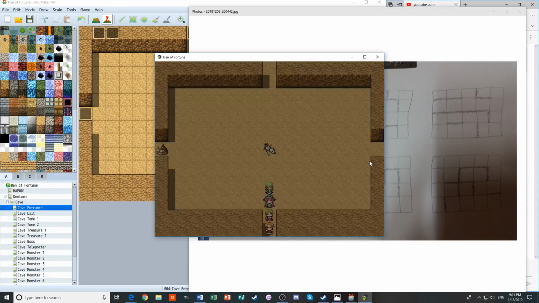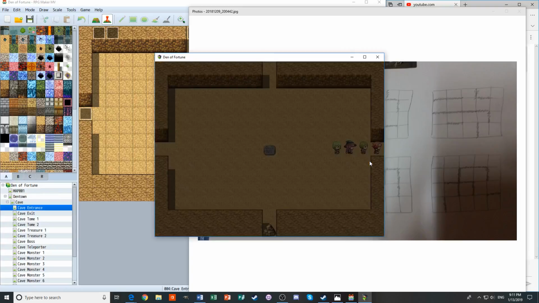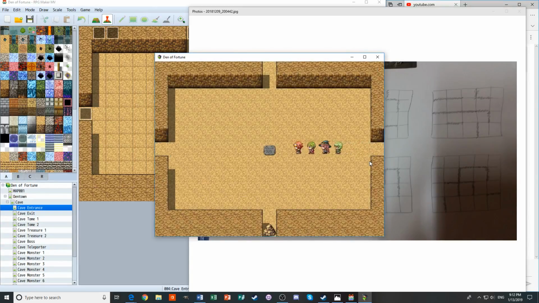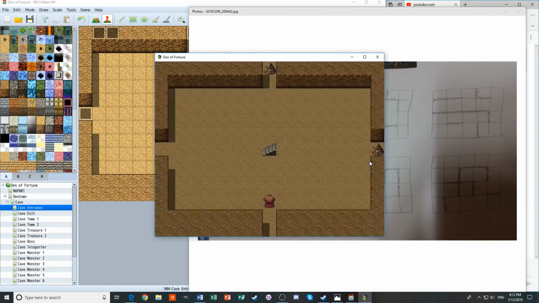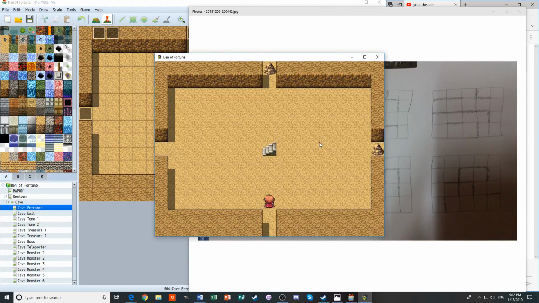Oh, we missed a room down here. Yeah. And then I believe we started at the top right corner. Oh, boss room right adjacent to the stairs. I don't think that's something I'm going to worry about. I think I might just allow that to happen.